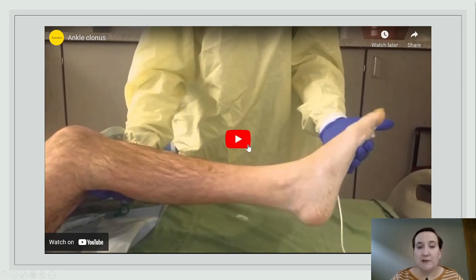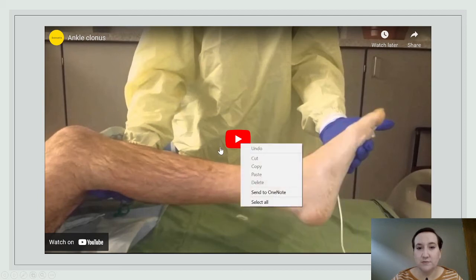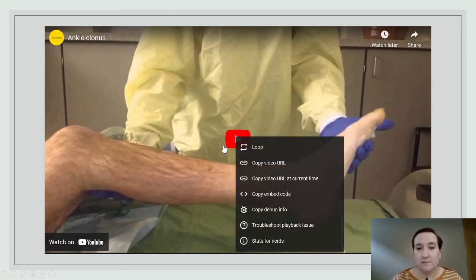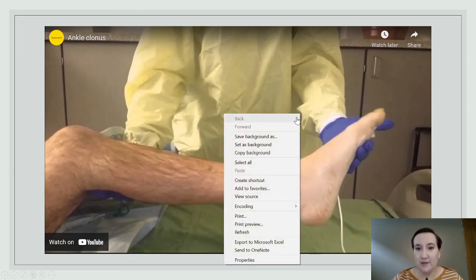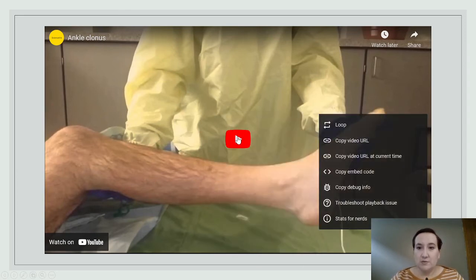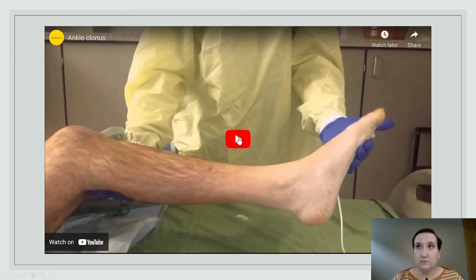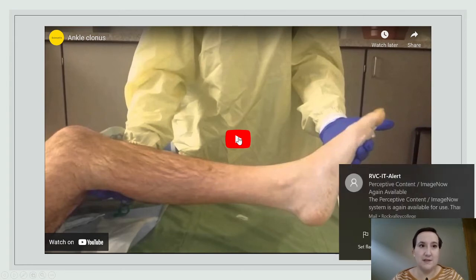Now, the provider in this case is lifting up the foot.